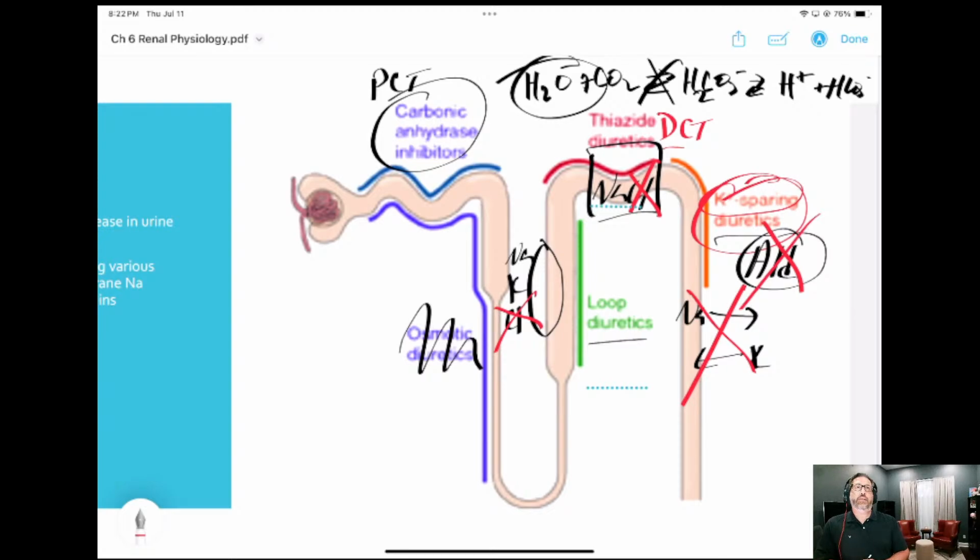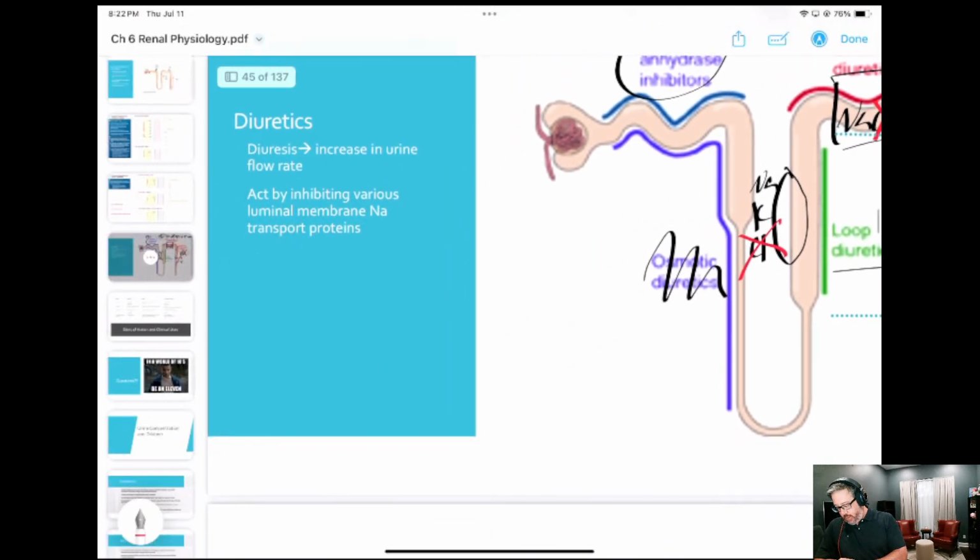Okay, Maya, during antidiuresis, where is urea reabsorbed? Okay, let's pull up urea here.